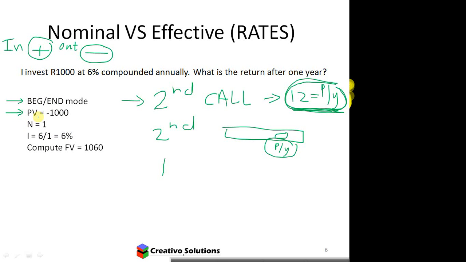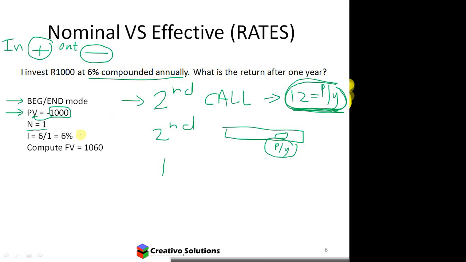On your calculator, type in 1000. What was the 1000? It was the PV, so press the PV button. In how many years did we invest for? 1 year. So type in 1 and press N. What was the rate? Have a look. 6% compounded annually.